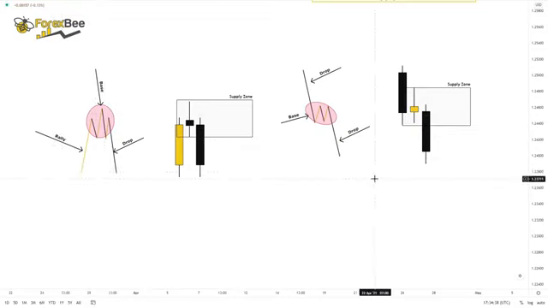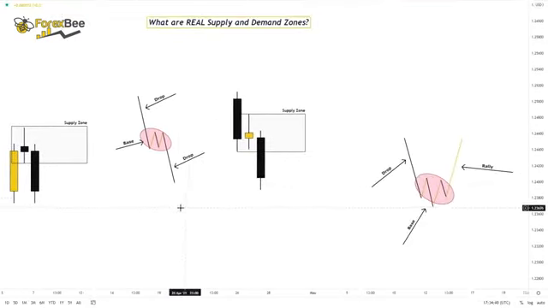Now let me show you another supply zone, in which there is drop, base, and drop. Here the market is going bearish, there's a big candle, then one base candle, and then again the market went bearish. There was enough supply, people were selling, and sellers were in control.